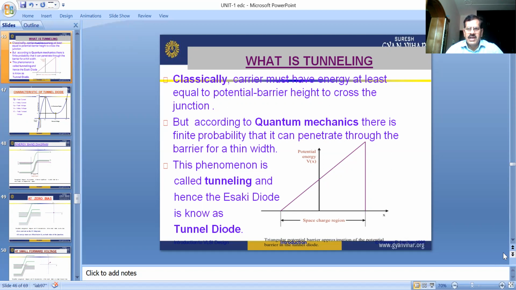According to quantum mechanics, there is a finite probability that carriers can penetrate through the barrier for a thin width. So the name is tunnel diode because it has the tunneling effect in its principle of working.